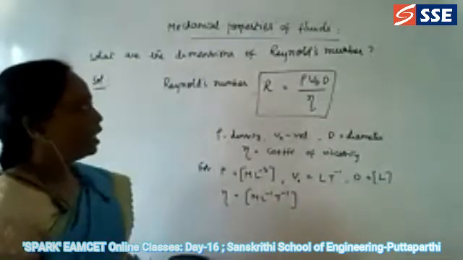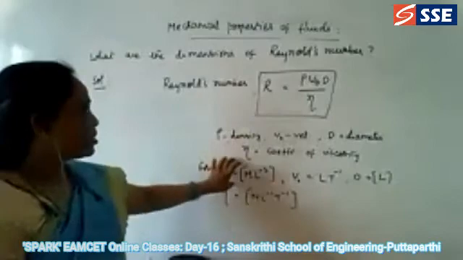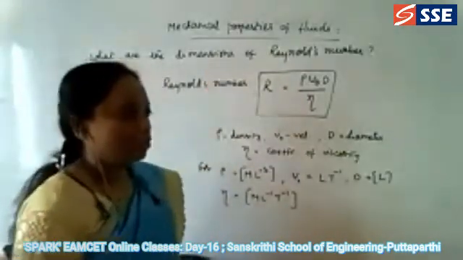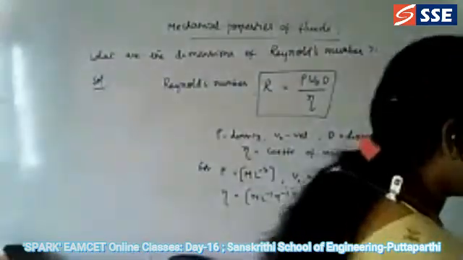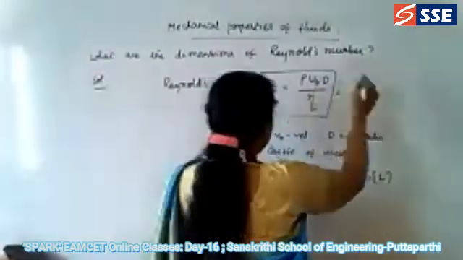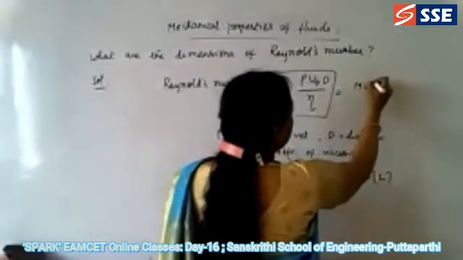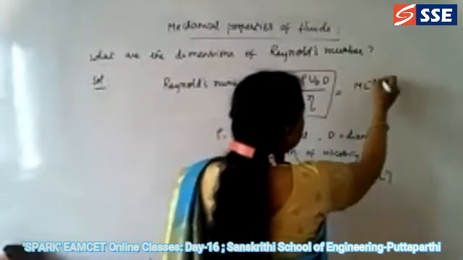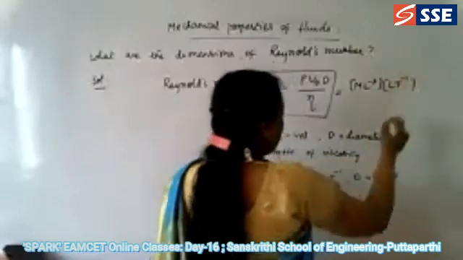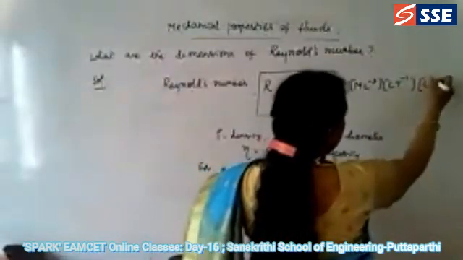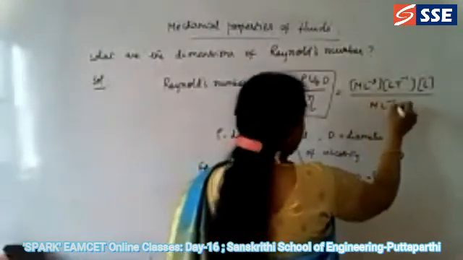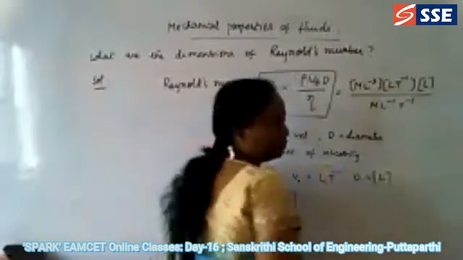Substitute all the dimensions in the Reynolds number. Substituting for rho, ML power minus 3, then LT power minus 1, then diameter L, divided by eta, ML power minus 1 T power minus 1.